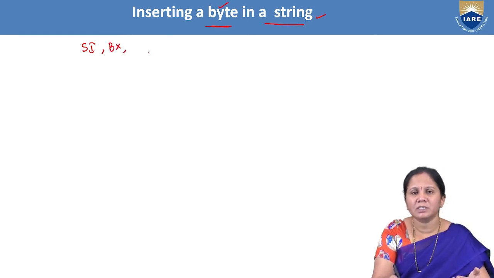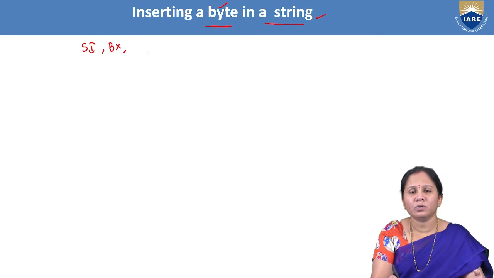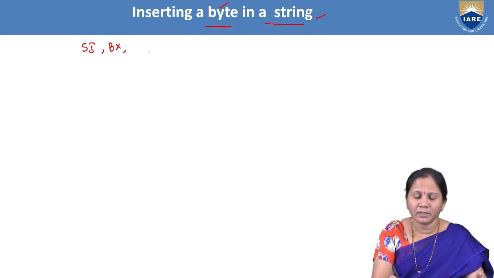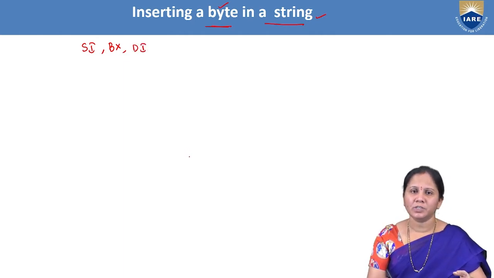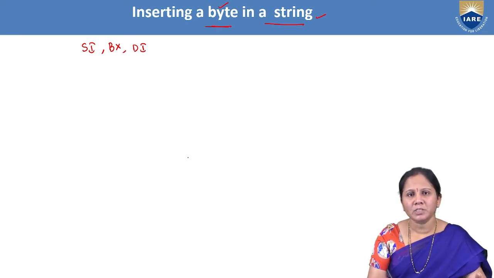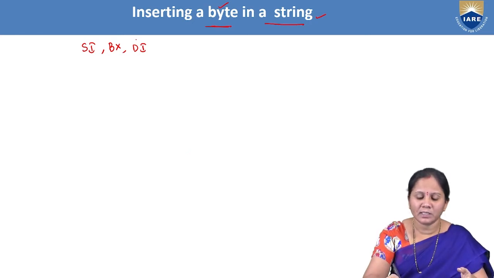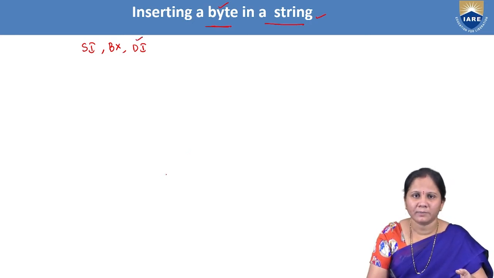The BX register is the base register, which will also help to take another set of input like a string, and the next register is DI. DI represents the destination index register. After performing all the operations, in order to see the output, we will generally consider this DI register.